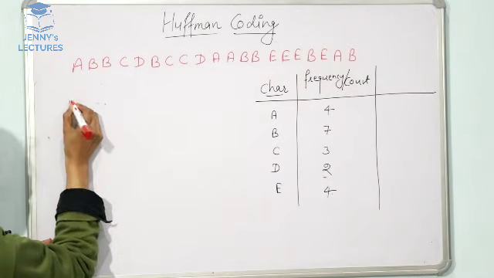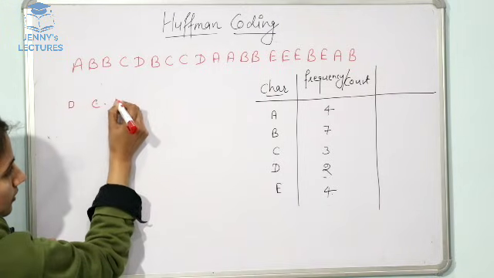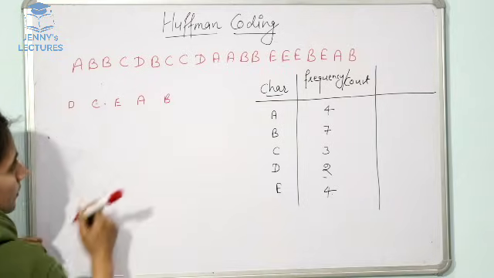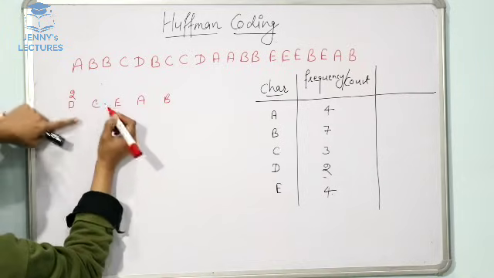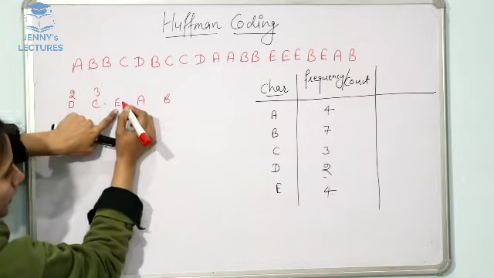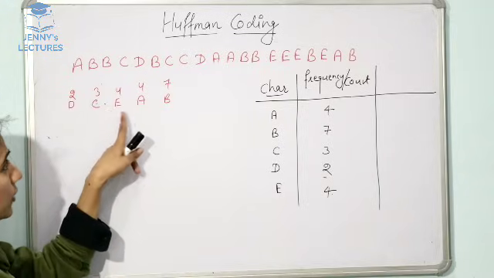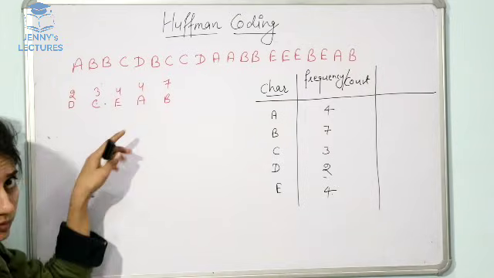Then we will write D first, then C, then E, A and B. And the count of D is 2, for C it's 3, for E it's 4, for A it's 4, and for B it's 7. You can write either A or E first, it's up to you, because 4 and 4 are both the same.